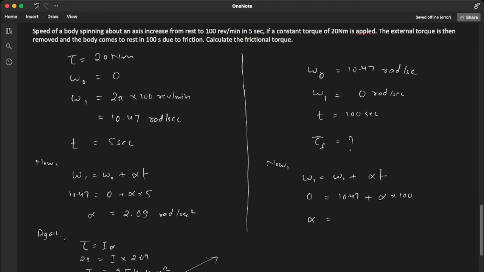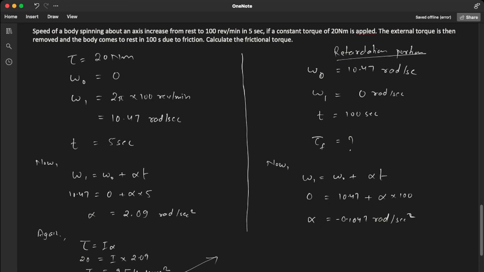Alpha is given by 0.1047 radian per second square in minus sign because it is retardation. Need to write here retardation portion.